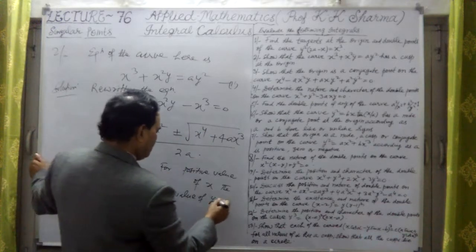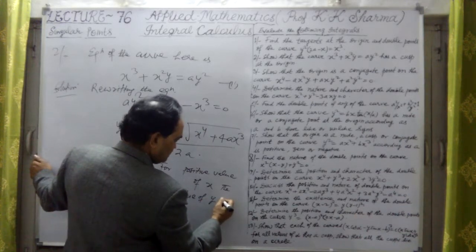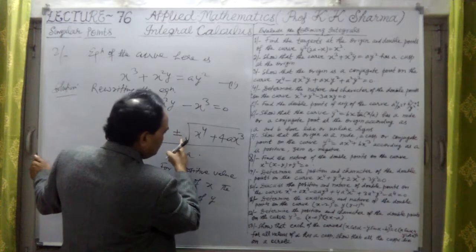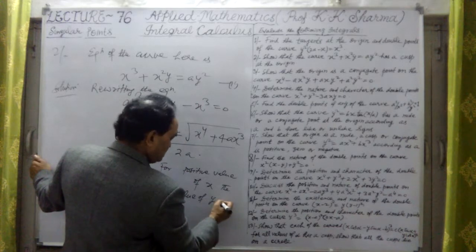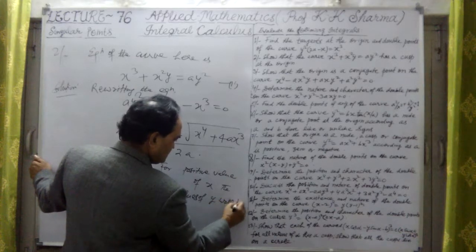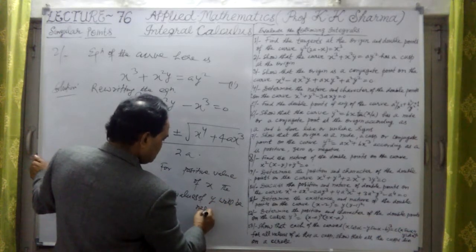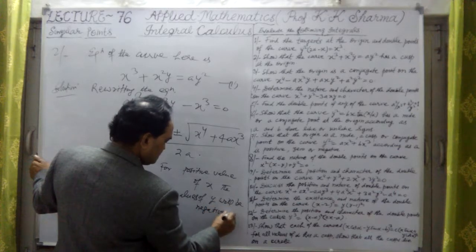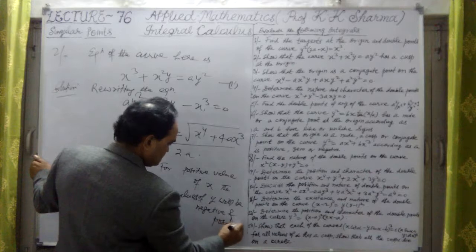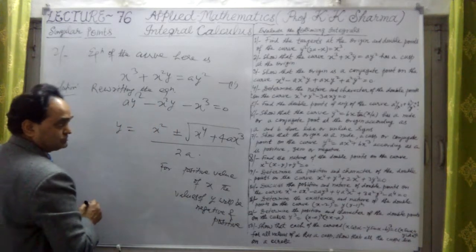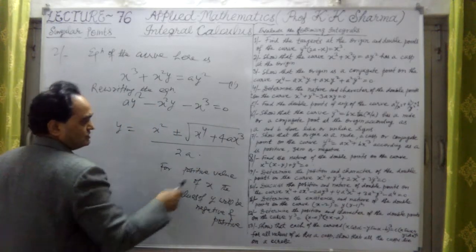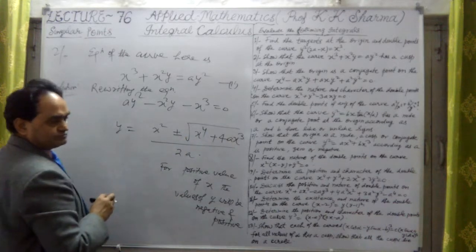So the value of y will be negative and positive, both, plus or minus. So the values of y will be negative and positive, both. If it is negative, it is negative here.